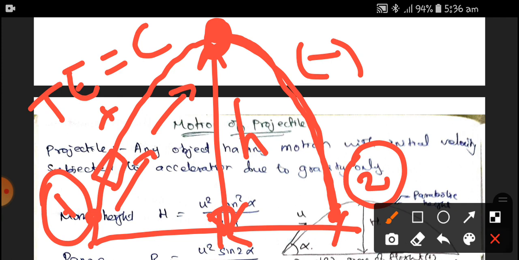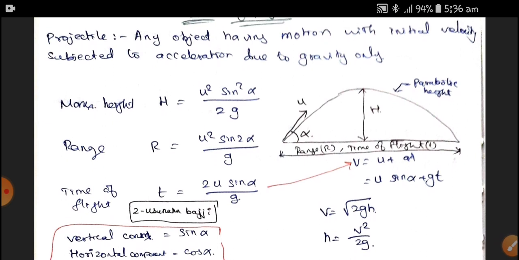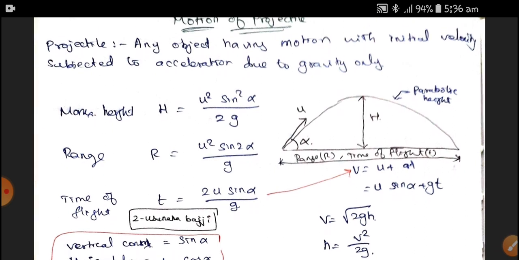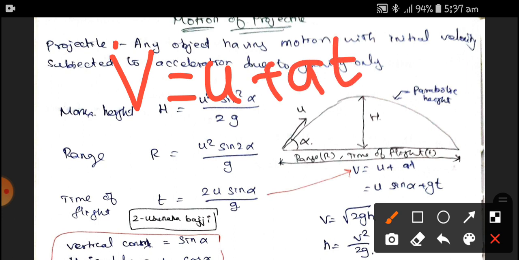Here we are interested in getting the formulas for the maximum height, time of flight, and range. The height formula is derived from the equation of motion v is equal to u plus at, where v is the final velocity, u is the initial velocity, a is the acceleration, and t is the time.